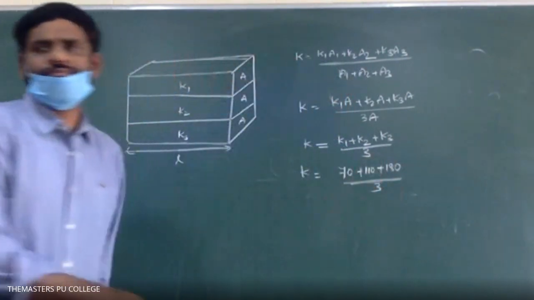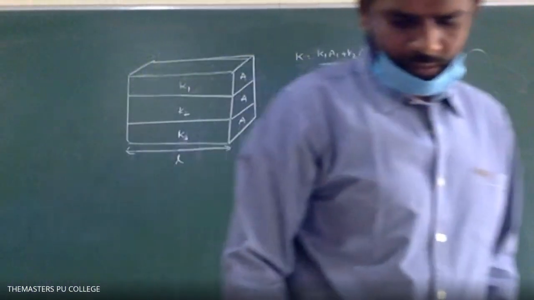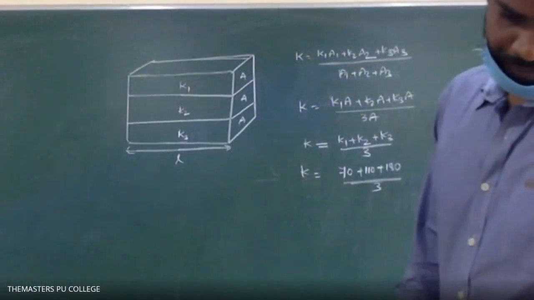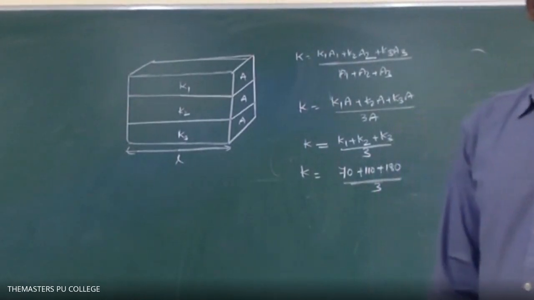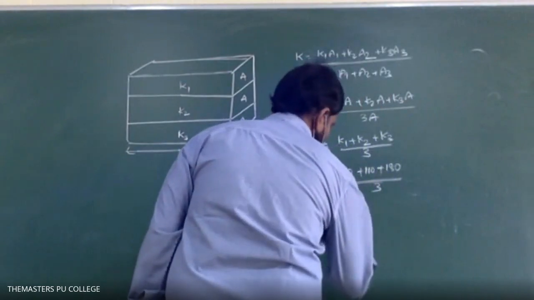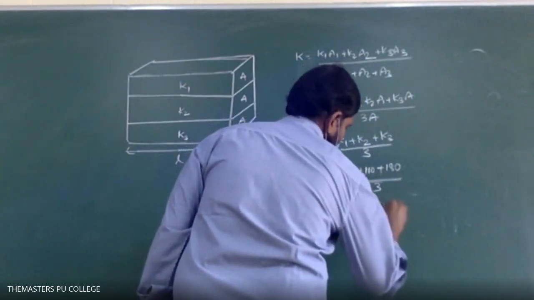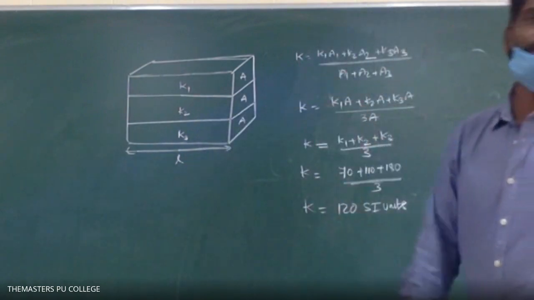Calculate its value: that's 120. So K equals 120 SI units, because K1, K2, K3 are in SI units.